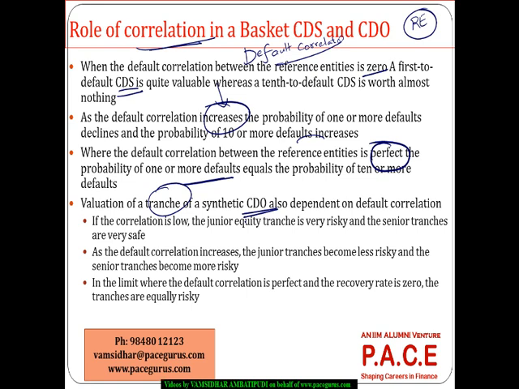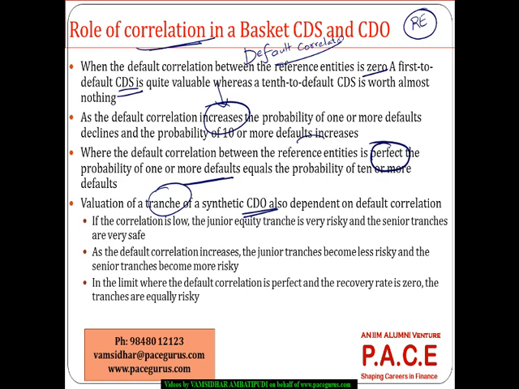It is becoming less risky, whereas now there is some chance that the mezzanine tranche and the senior tranches are going to become more risky. So this is where the value of those tranches is going to go down. When the default correlation is higher and higher, we see that the junior tranches are becoming less risky, whereas the senior tranches are becoming more risky.